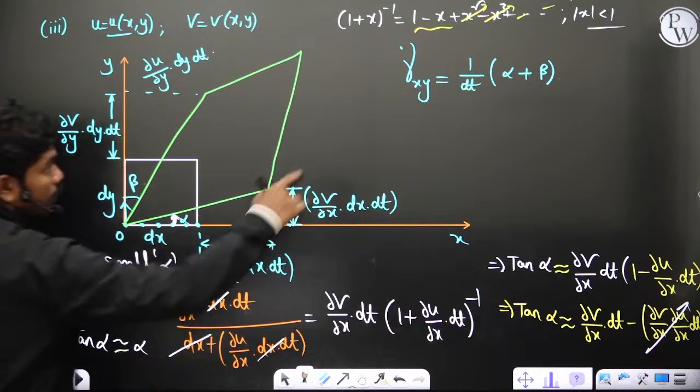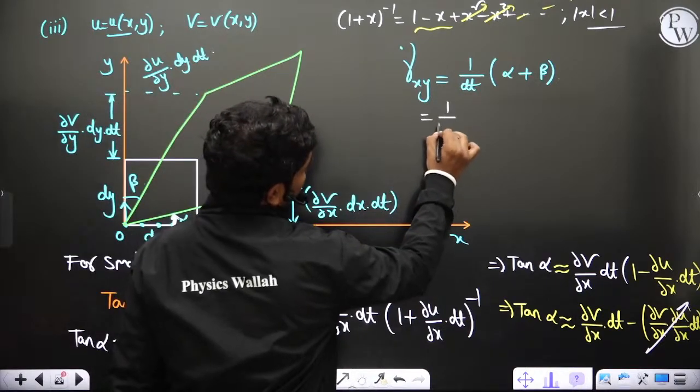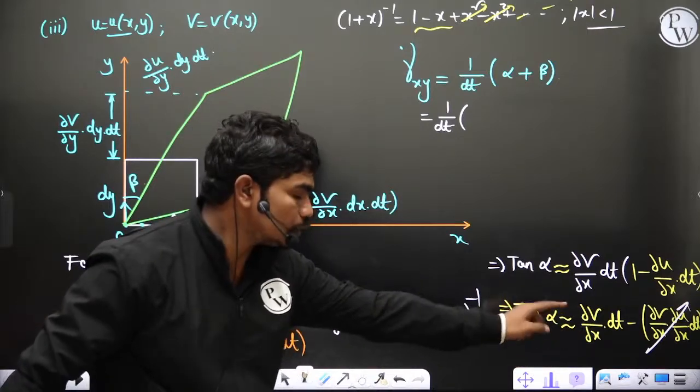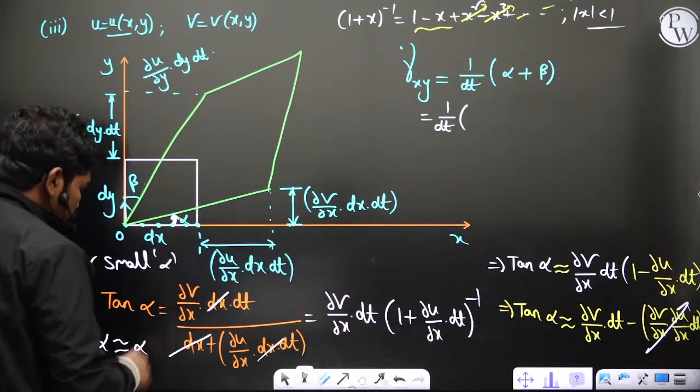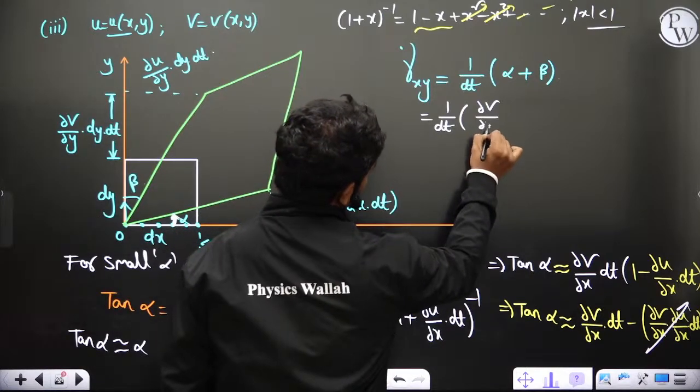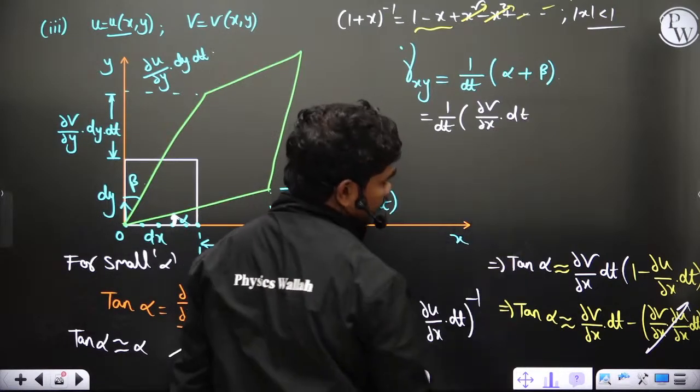Okay, so in this alpha, what we can substitute is 1 by dt times the expression for tan alpha, dou v by dou x into dt. Since tan alpha you can replace as alpha for small angles, this is dou v by dou x into dt actually. Okay, this is what you have.